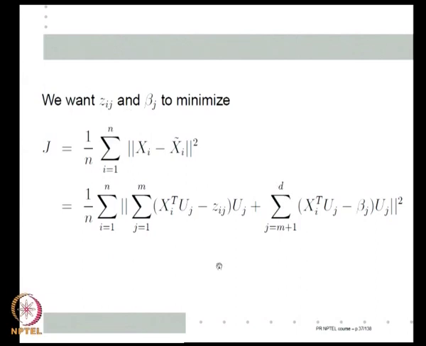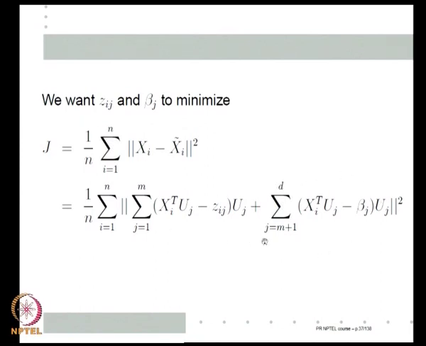So, this is xi transpose uj minus zij into uj, j equal to 1 to m. From m plus 1 to d, xi still has xi transpose uj, but xi tilde has beta j. Okay. So, everything is still under the norm square. The xi minus xi tilde vector is represented in terms of uj's like this.